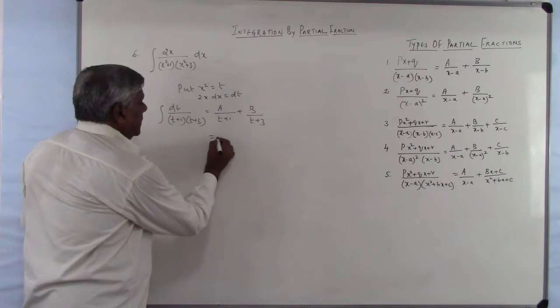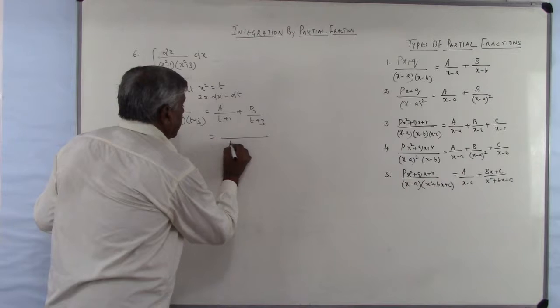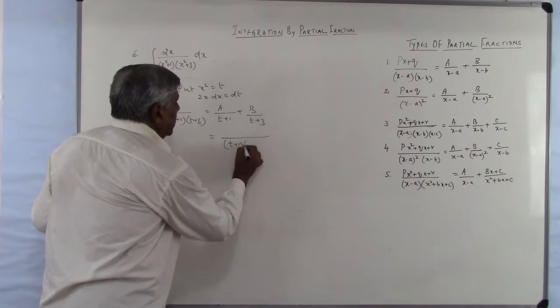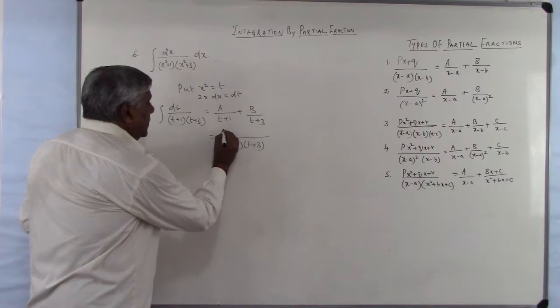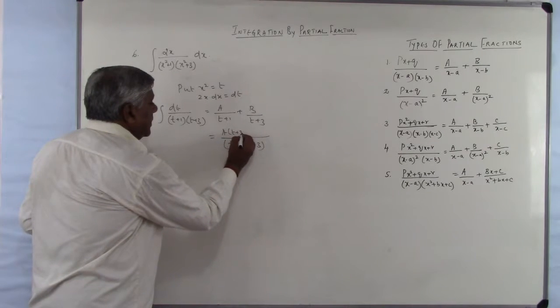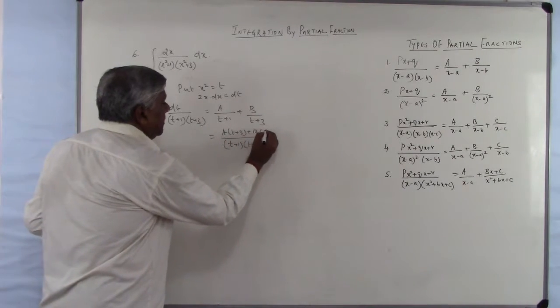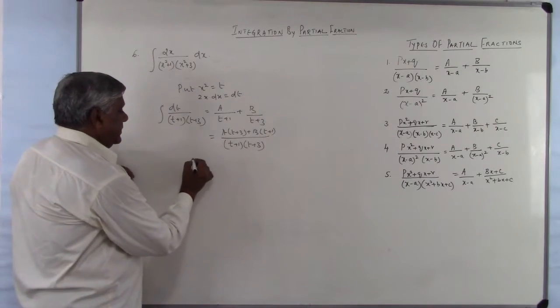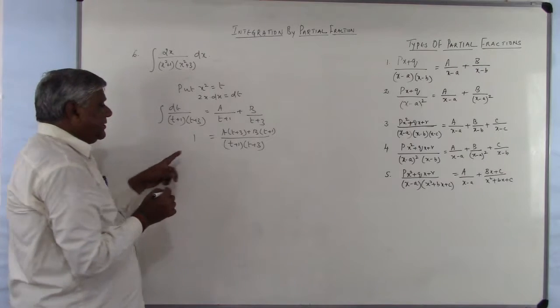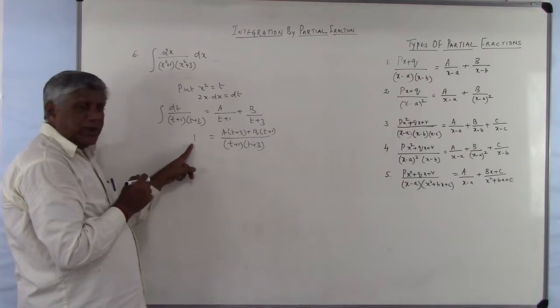We take LCM t plus 1 into t plus 3: a into t plus 3 plus b into t plus 1. Now equating coefficients. On the left hand side we do not have anything, therefore 1 we have written.